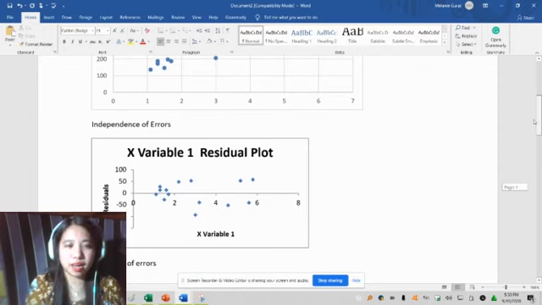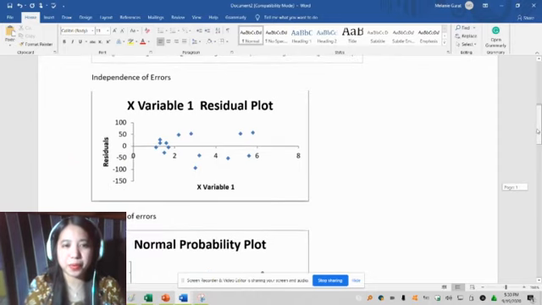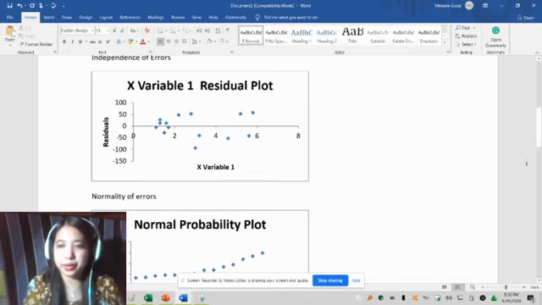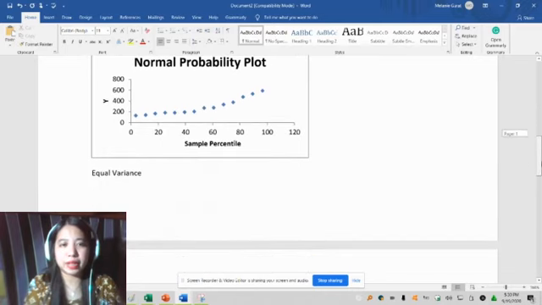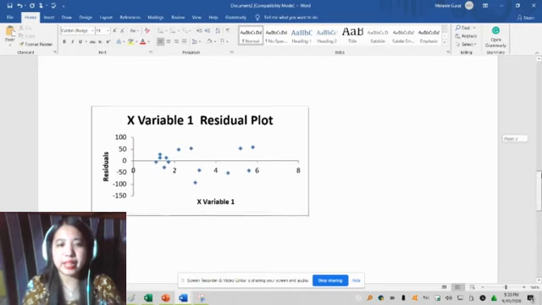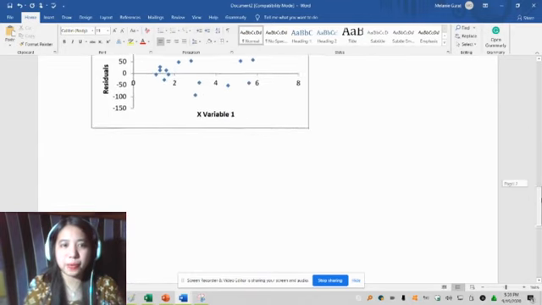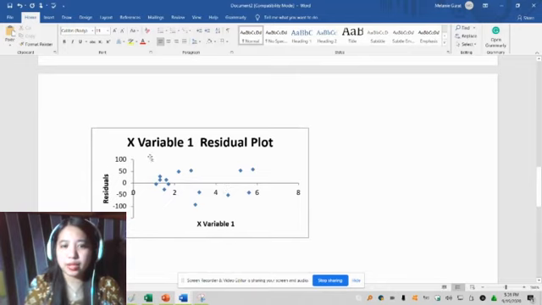It has independence of errors because the scatter plot of our residuals does not form a pattern. For the normal probability plot, it forms a line, so it is normal. And for variance, there is equal variance because as we draw lines here, all the points are within that line.